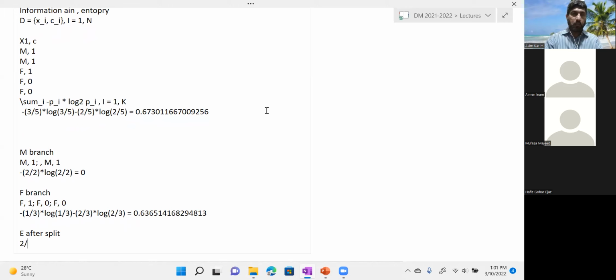Total examples were 5. Okay. So the weight is 2/5 multiplied with 0, because its entropy was 0, plus the right split, where I had 3, 3/5 into 0.636. So 0.38. Okay. This is the entropy after the split.